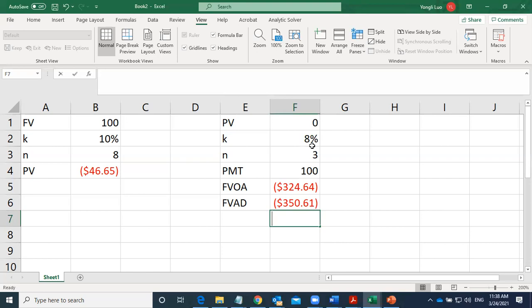Let's do this. This is the ordinary annuity, and you times 1 plus the interest rate. We use ordinary annuity times 1 plus interest rate. See how big it is.